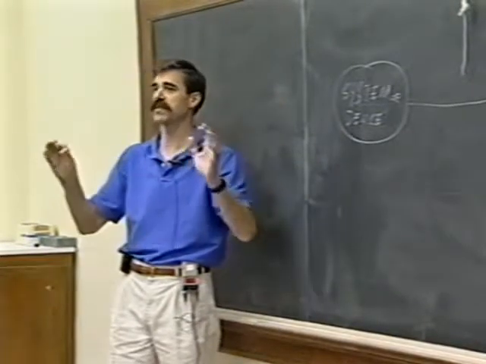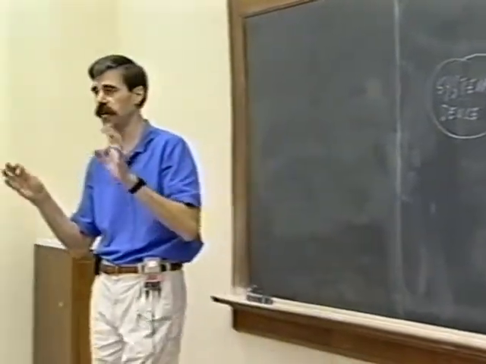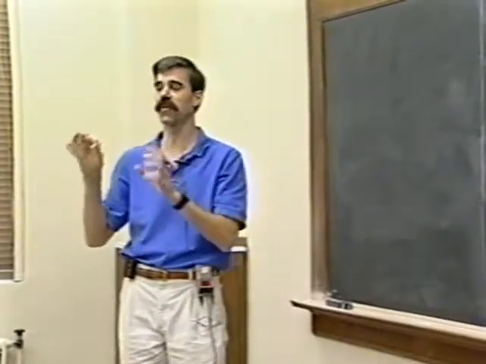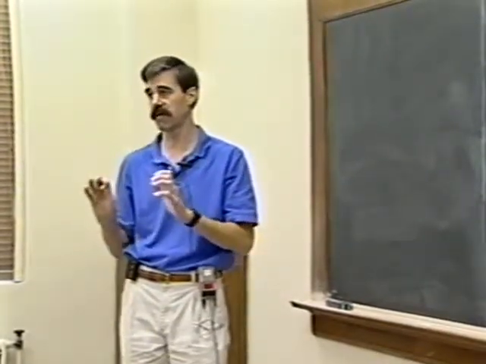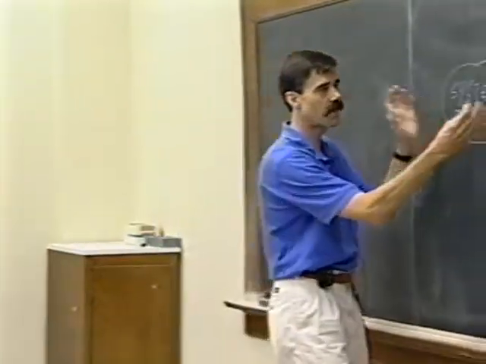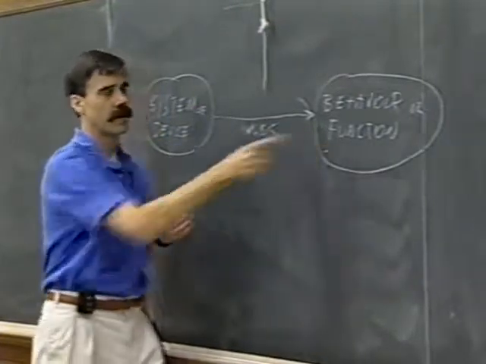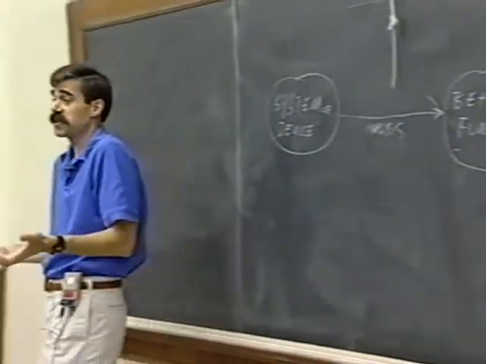Here's a very simple chart of most of the technical, scientific, engineering world, okay, including almost everything you've learned in school so far. You have something, a system or a device, and what you do is through a procedure called analysis, you establish how it behaves, what's its function.